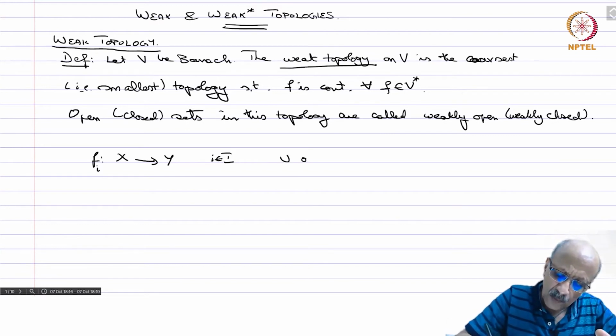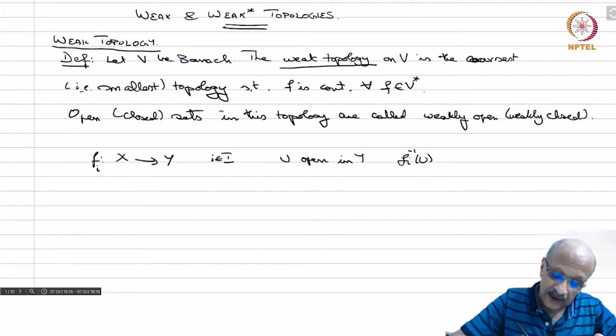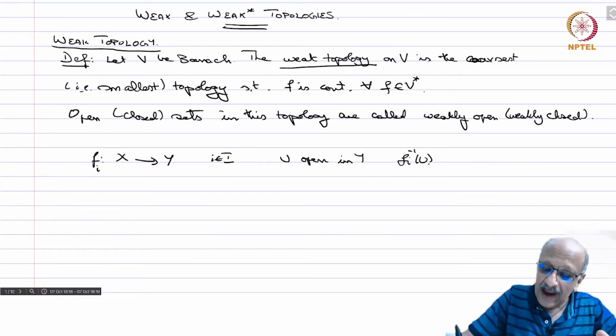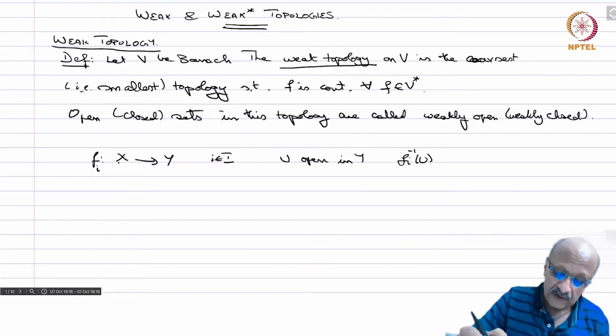If U is open in Y, then f_i inverse of U must be open in X, and then every open set in the topology must contain all finite intersections of these and all arbitrary unions of finite intersections of these. So that is how the topology on X is constructed.